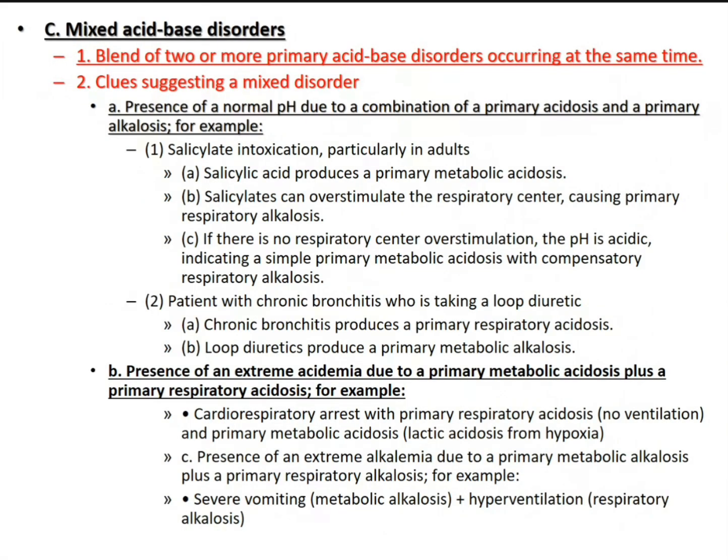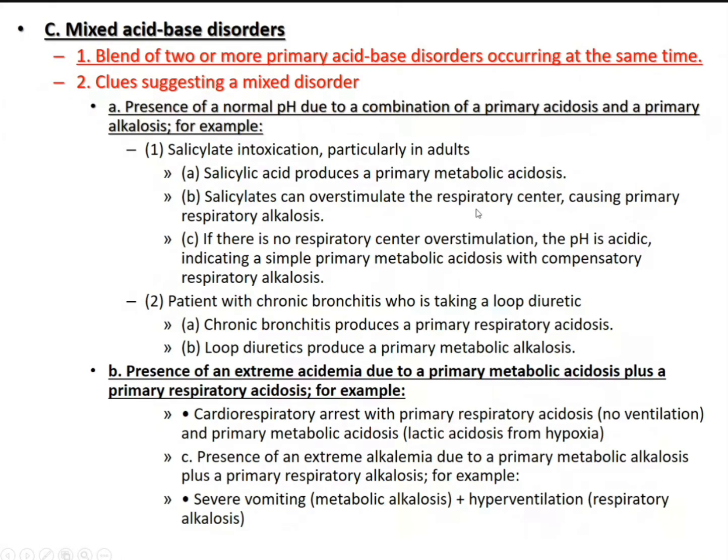Then finally coming to mixed acid-base disorders, there's a combination of 2 or more primary events. So how do you suspect when it's a mixed disorder? When there's a presence of a normal pH due to a combination of primary acidosis and primary alkalosis. Example, salicylate poisoning. Salicylate is producing metabolic acidosis.